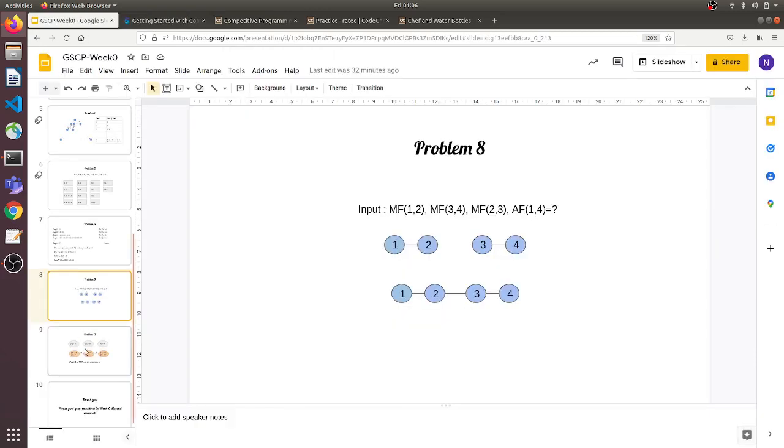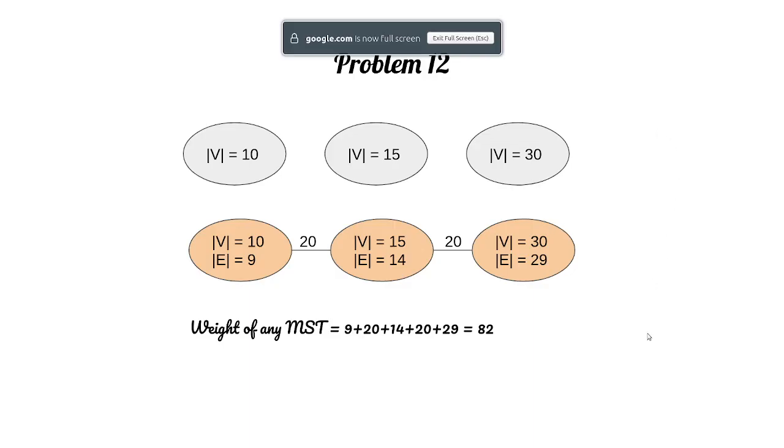So we can denote this problem in this manner. Let's denote the subgraph H with these ovals, where the first oval is the first connected component with number of vertices 10, and the second oval is the second connected component in H with the number of vertices as 15, and similarly the third oval is the third connected component with number of vertices as 30.